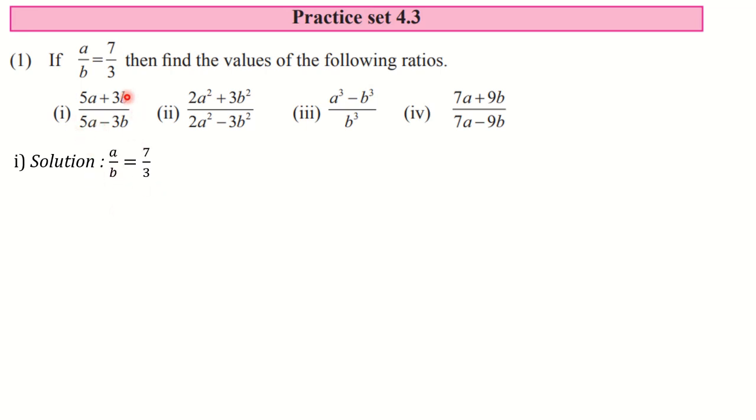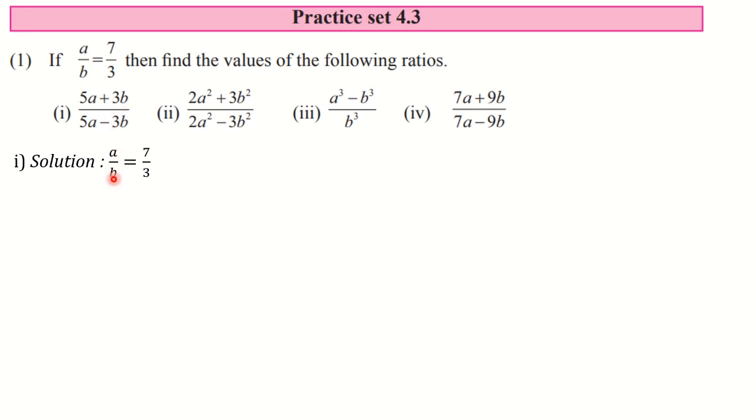After this, you have to observe this final step. You can see that these two terms are the same and these two terms are also the same. They differ by only sign, and you can easily come to know that the property of componendo and dividendo is used. We have to use the property of componendo and dividendo. But here the numerator is a and the denominator is b, which is not the case in the final step.